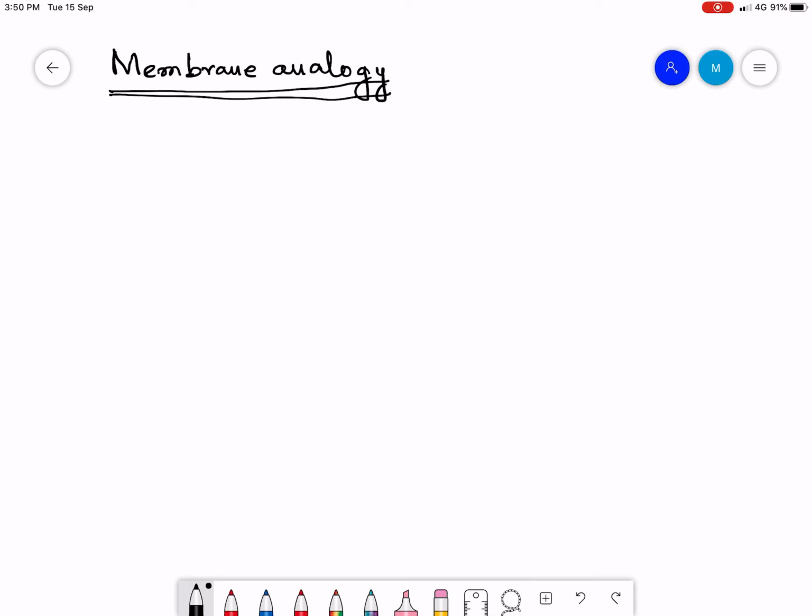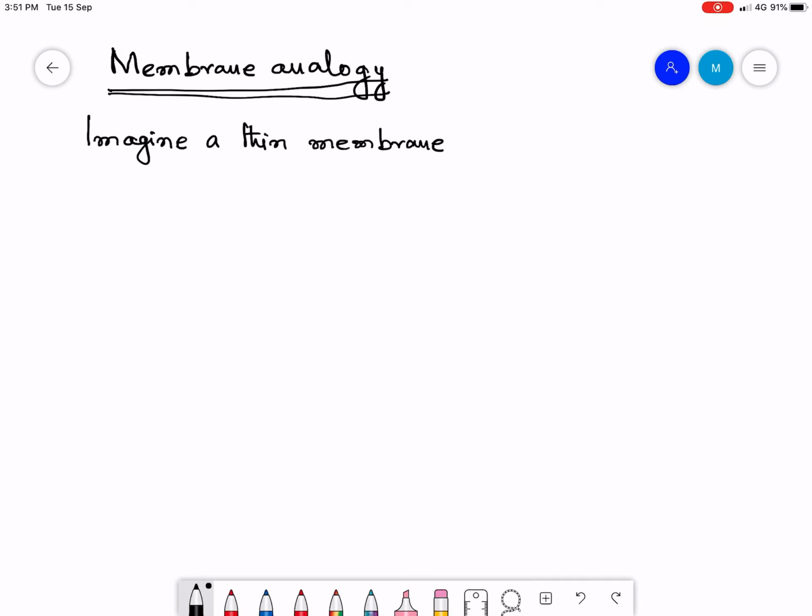So to start with, let us imagine a thin membrane whose cross section or whose shape is same as the cross section of the shaft for which we are studying the torsion problem.